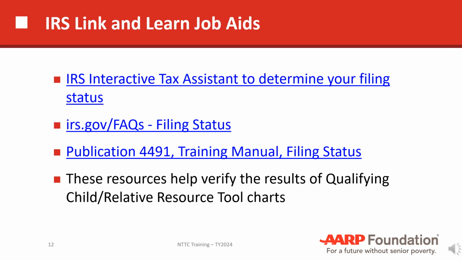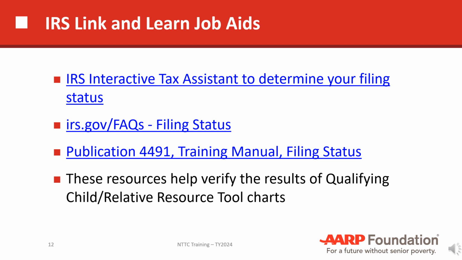In some cases, you may not feel comfortable that the resource tool that we've provided to you necessarily gave you the correct answer. You might want to verify by using some other sources. And here are some IRS sources. The first one is the IRS Interactive Tax Assistant. You can go to irs.gov and use the ITA, Interactive Tax Assistant, to determine filing status.